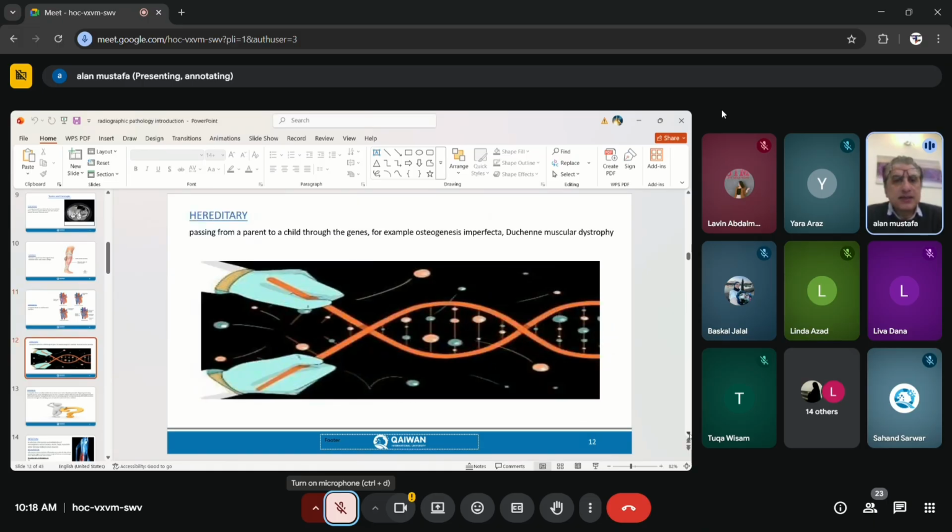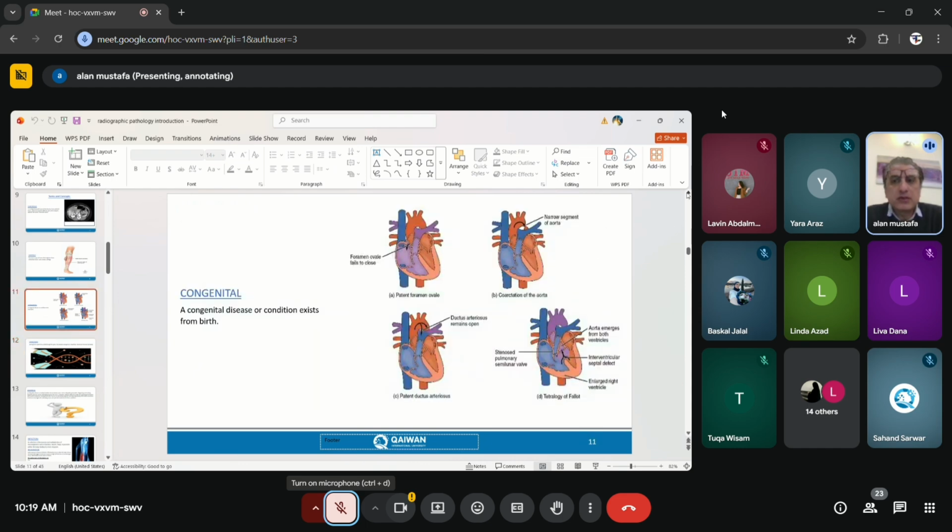If a disease is hereditary, it means it has to come down through genes, through chromosomes, from the parents to the child. But the congenital ones, it's not necessarily coming down from the genes. It might be a problem, for example, developed in the baby when the baby is inside the mother's uterus.